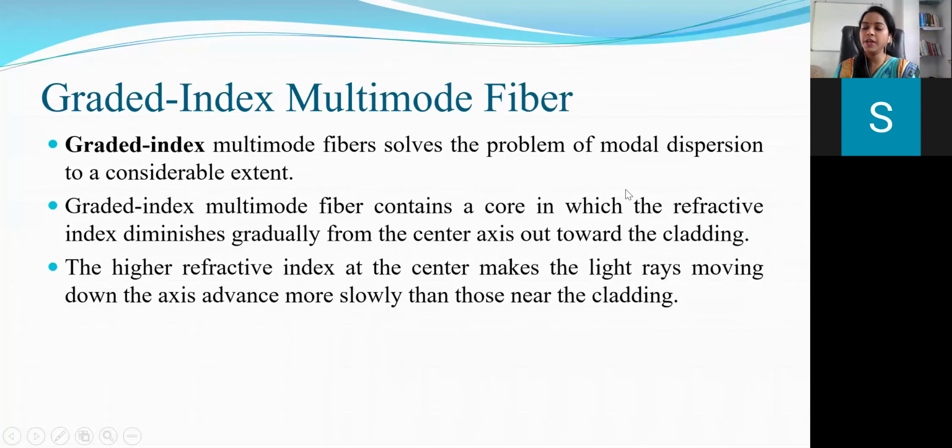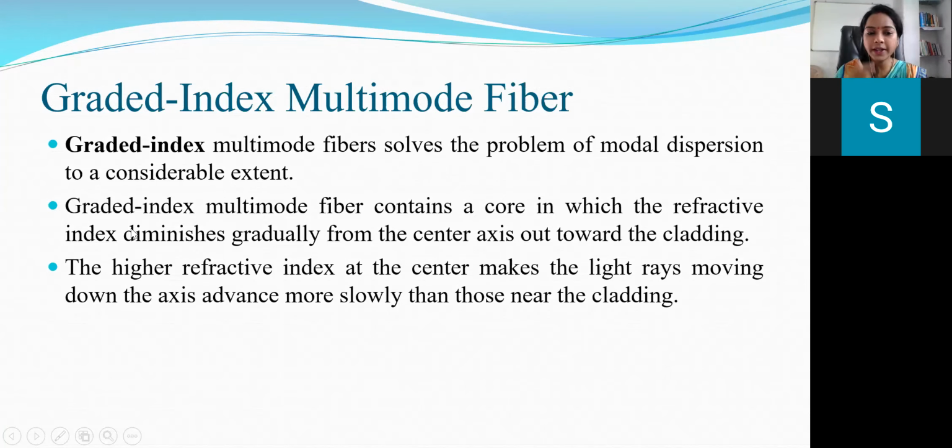We have seen dispersion in single mode optical fiber. We don't have this type of dispersion there, but in multi-mode fibers, one of the disadvantages is that we have dispersion of light in these types of fiber cables. So graded index multimode fiber solves the problem of modal dispersion to a considerable extent.